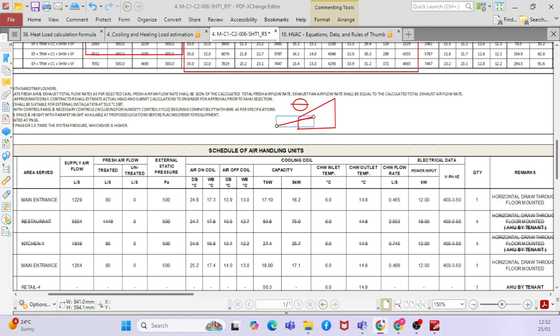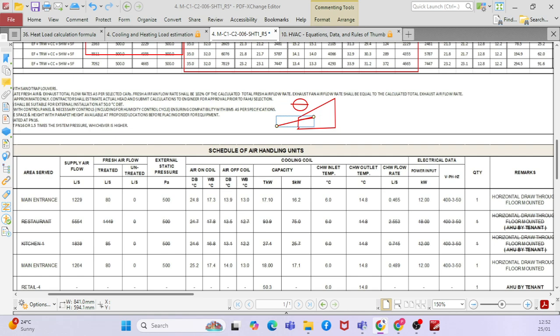When the temperature is very high, inside the space you have a sensible load and a latent load, which is moisture and dry air. When the temperature is high, you have more dry air. When the temperature keeps reducing, you will have less dry air, because you're cooling.